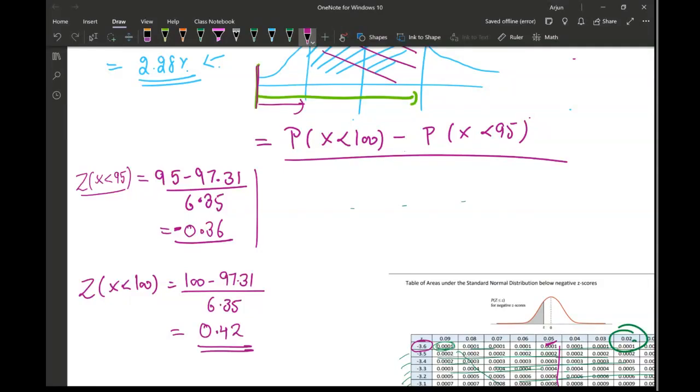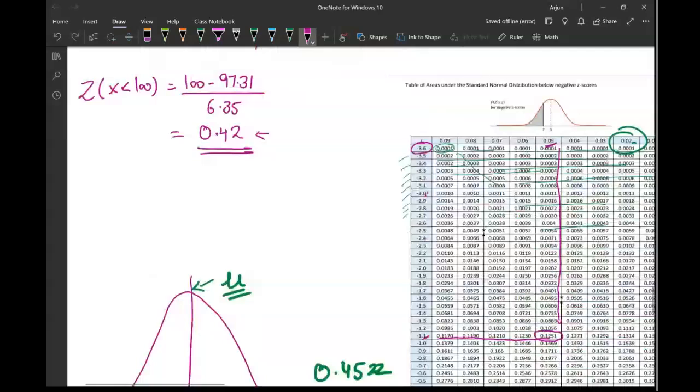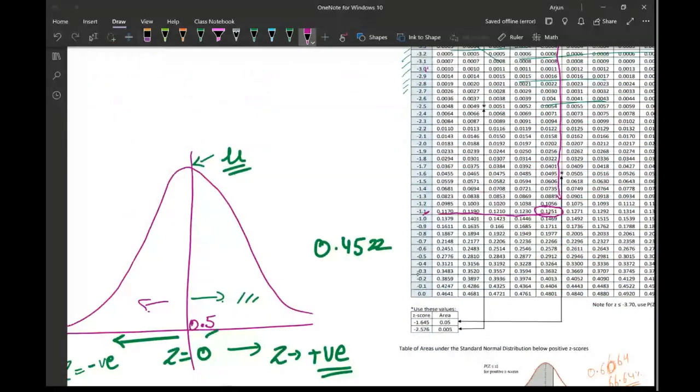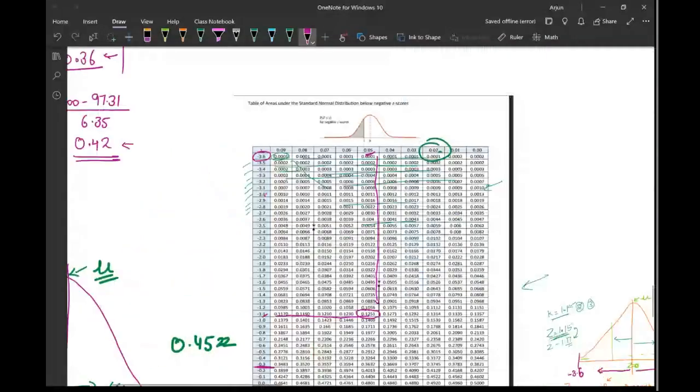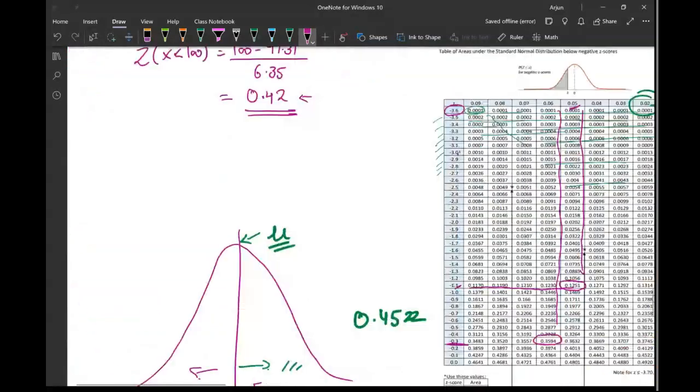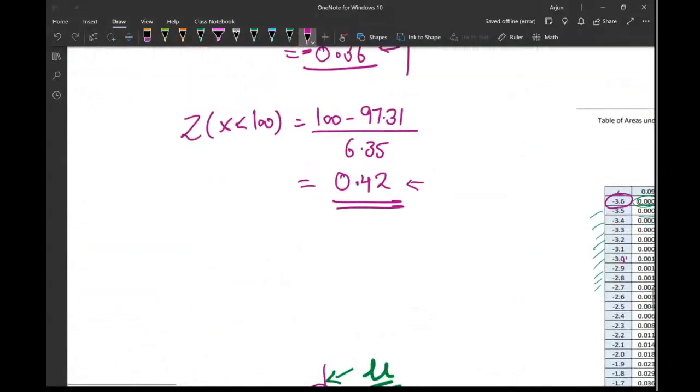So I'll find the probability corresponding to this and then this. So negative 0.36, negative 0.3 and then 6 also. 6 will go from here down here. This is 0.3594.